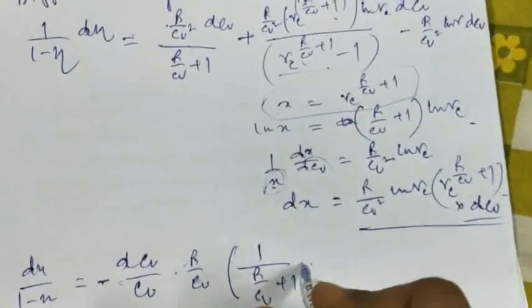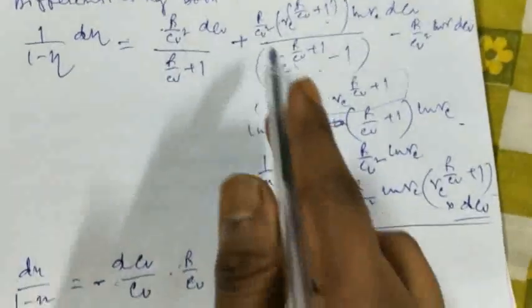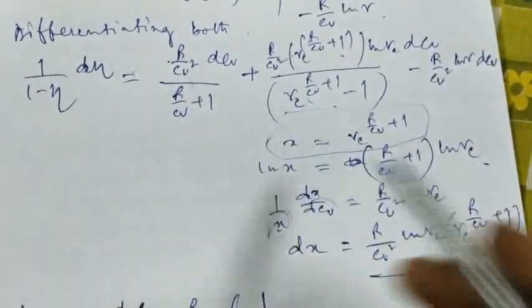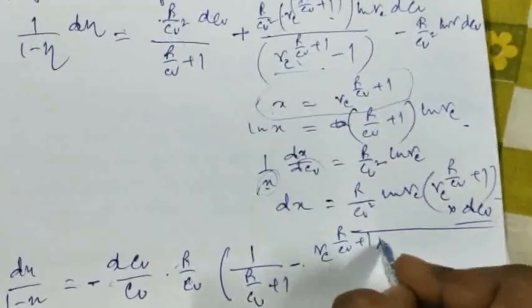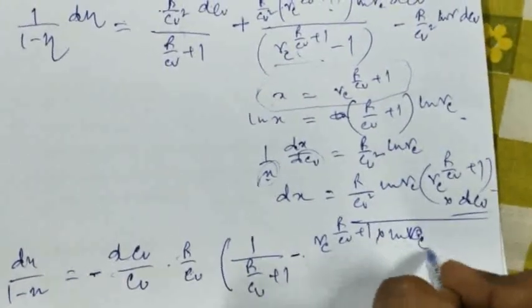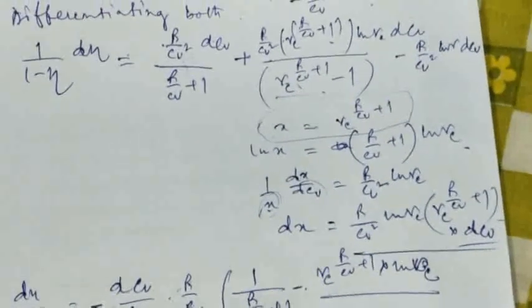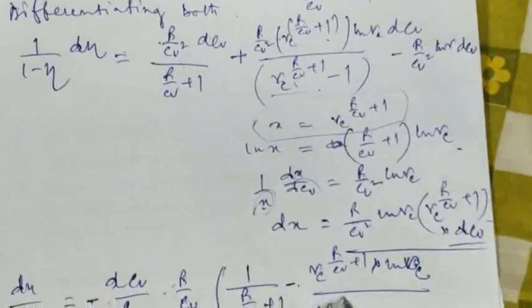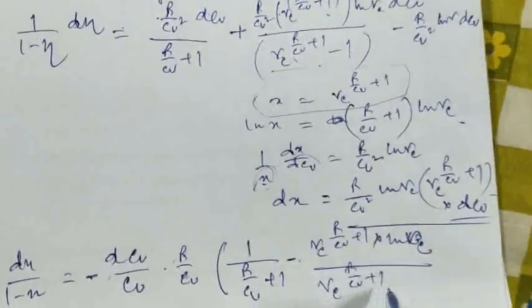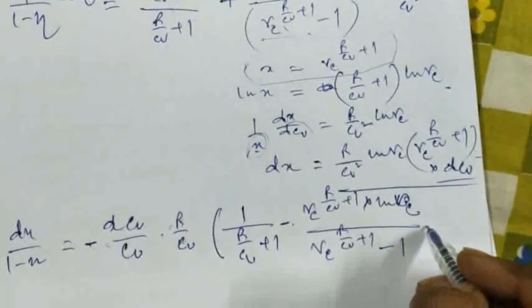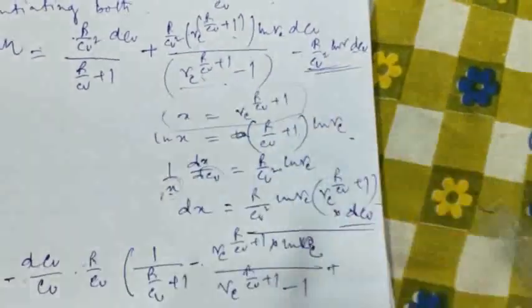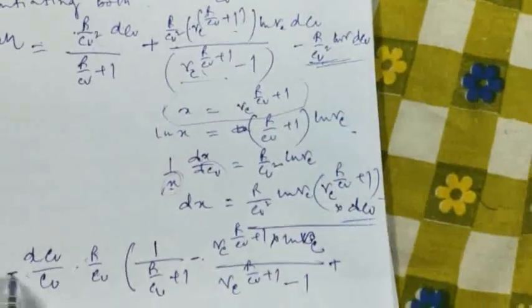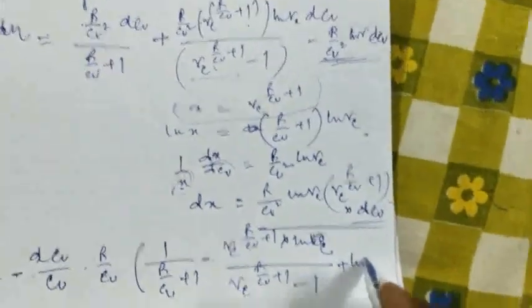We have taken minus common, so here will be a minus sign, and from here r by cv square already common out, dcv has been already common out, so rc^(r/cv + 1) into ln rc will be left, in below whatever was there will be left, rc^(r/cv + 1) minus 1, and from this part r by cv square dcv has been common out, so this was minus, minus is already taken out, so ln r will be left only.